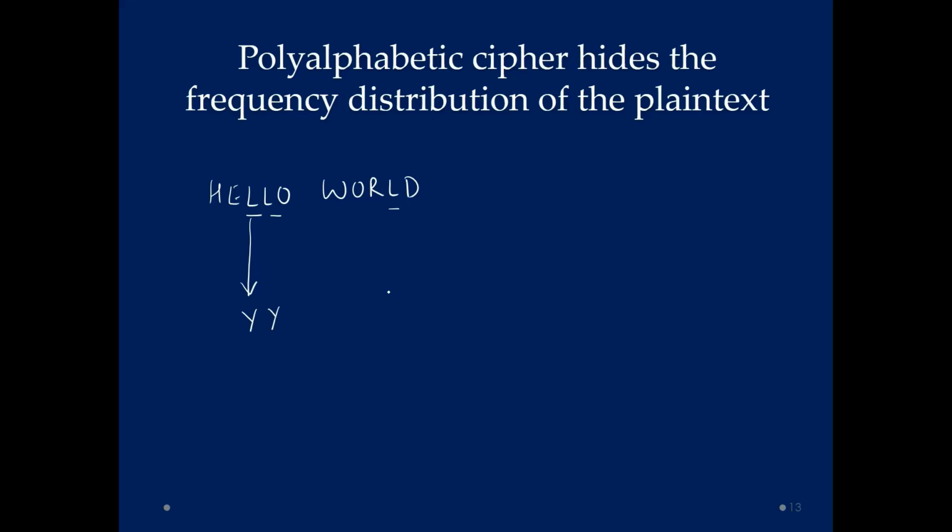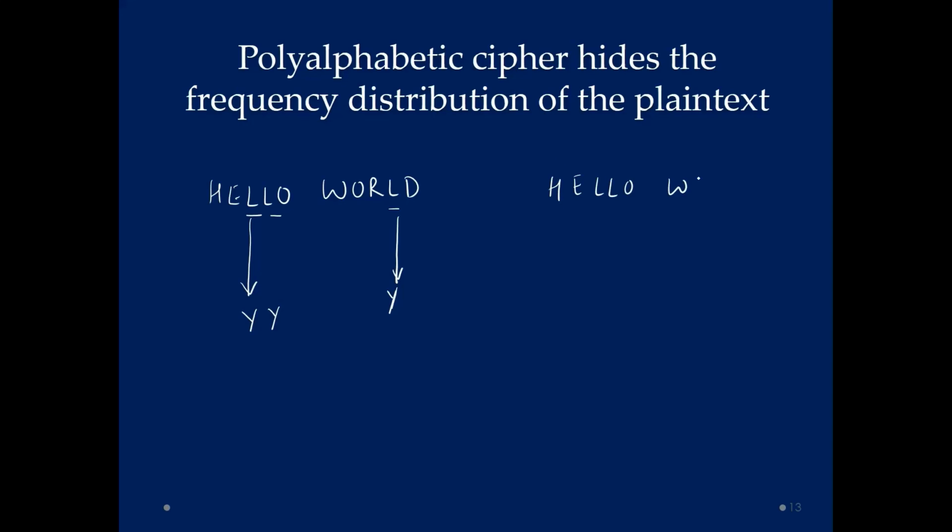When I use a one-to-one mapping or monoalphabetic cipher, we replace every L with the same letter, making it very evident to the attacker that the letter Y is widely used, and hence you can easily use the standard frequency table and find its corresponding letter and replace all the Y's in the cipher text with the L's in the plain text.